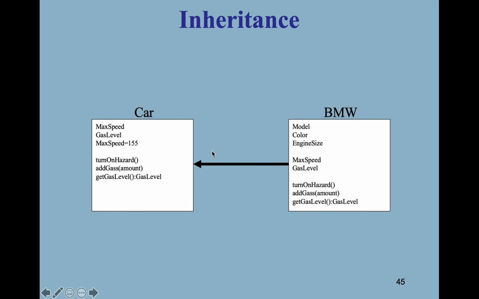You have the class level stuff that's in here. We had maximum speed, if you remember, and gas level. We have model, which came from gas level and maximum speed over here. We don't inherit the class level maximum speed. We have model, color, and engine that were added to it. And then we have the methods.